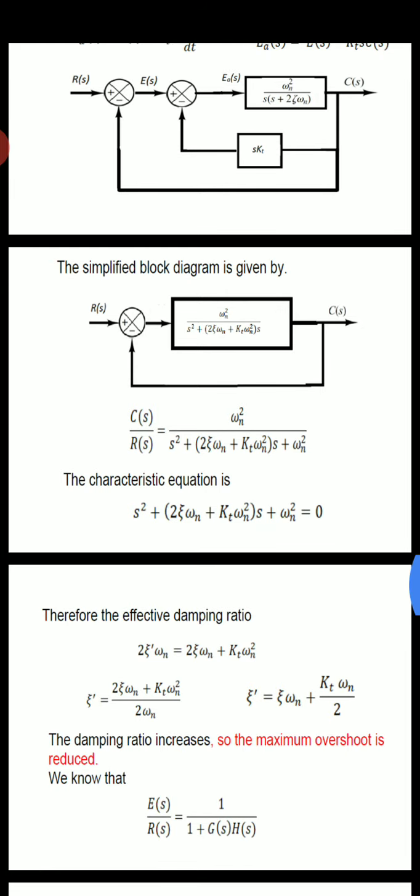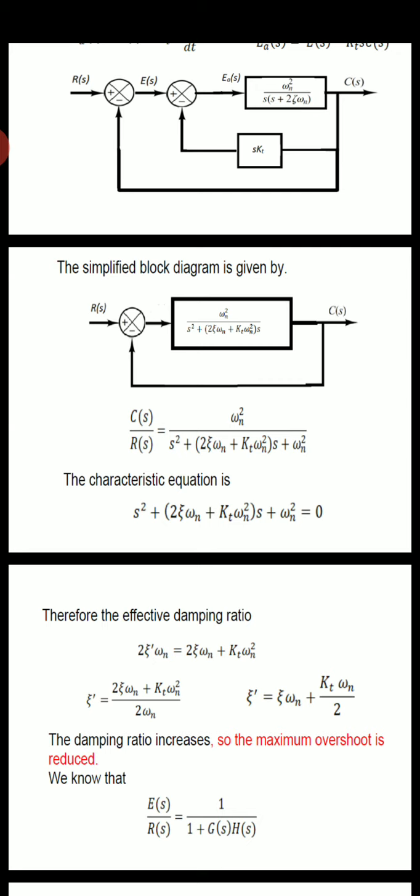We take 2 zeta dash omega n is equal to 2 zeta omega n plus Kt omega n square, so that zeta dash is equal to (2 zeta omega n plus Kt omega n square) divided by 2 omega n. The damping ratio increases, so the maximum overshoot is reduced.